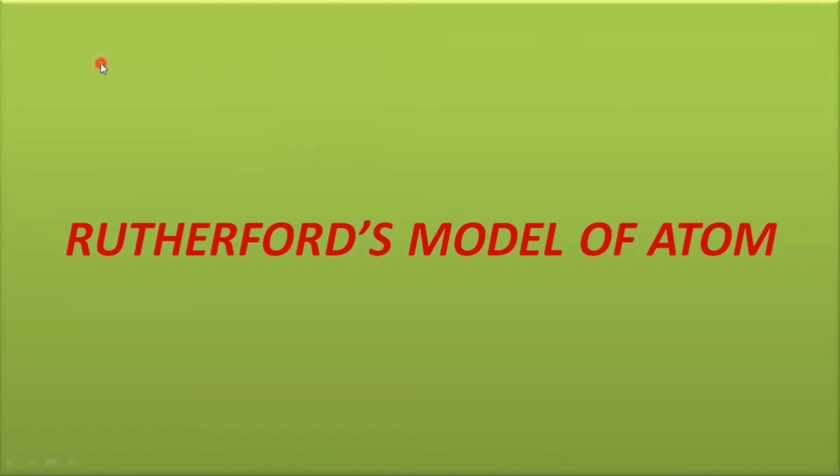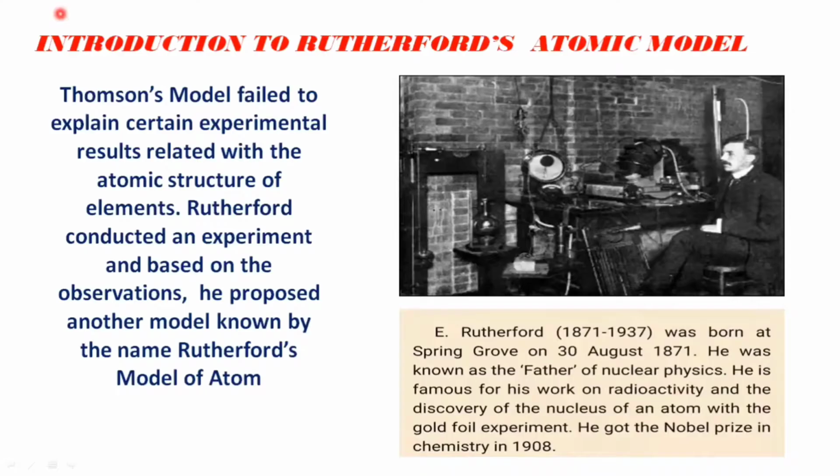Here we are going to study about Rutherford's model of atom. As you know already, students, the Christmas pudding model, or also we call plum pudding model, given by J.J. Thomson, failed to explain certain experimental results associated with the atomic structure of elements.